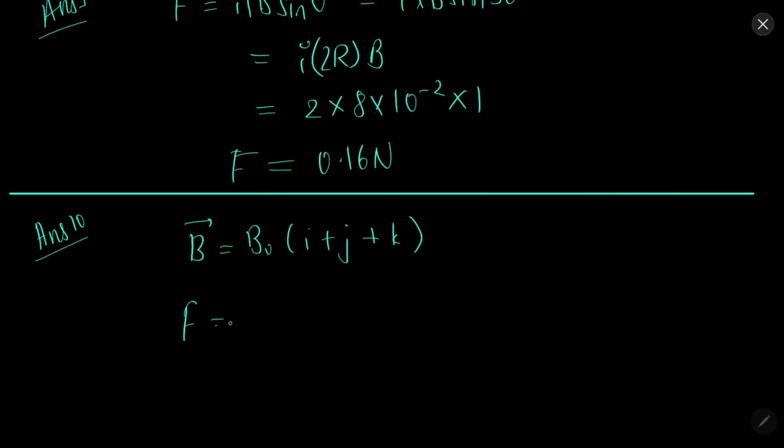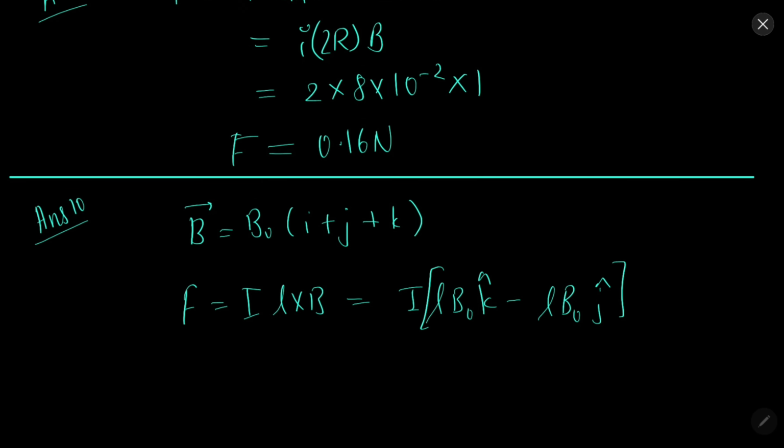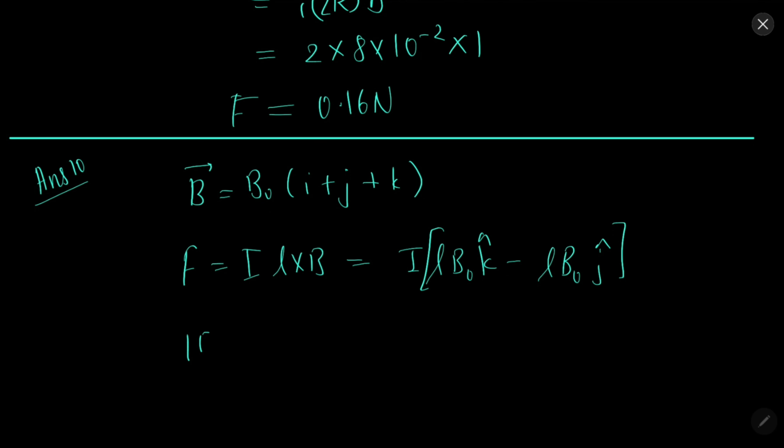So force is I L cross B, so it will be I. When we multiply it, it will become B naught K cap minus L B naught J cap, and the magnitude of this will be root of 2 I square L square B naught square, equal to root 2 I L B naught.